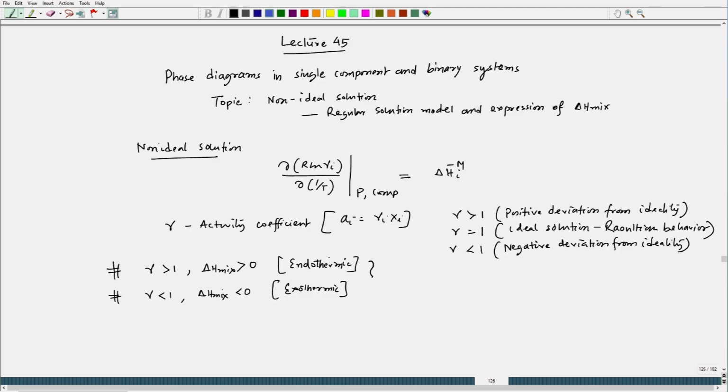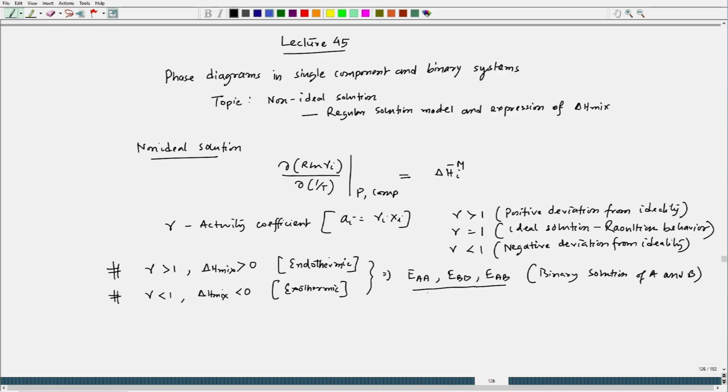Both the cases are actually dependent on the bond energy of AA, bond energy of BB, and bond energy of AB bond in case of a binary solution of A and B. So, that is what we have learnt.